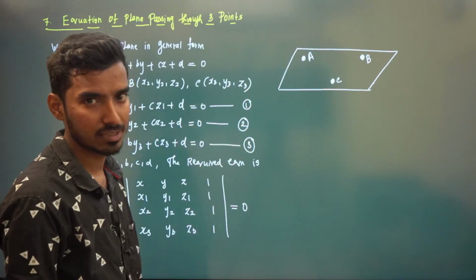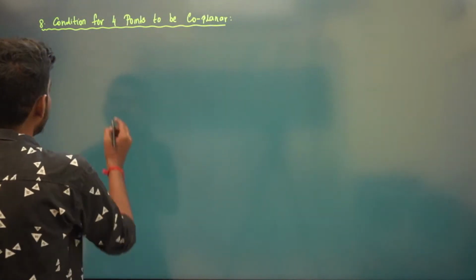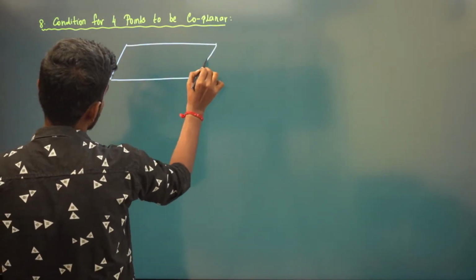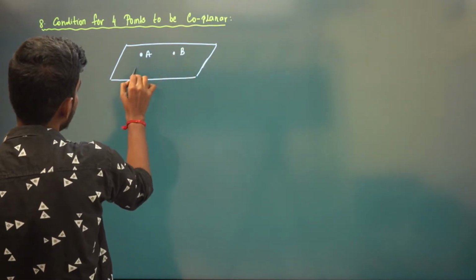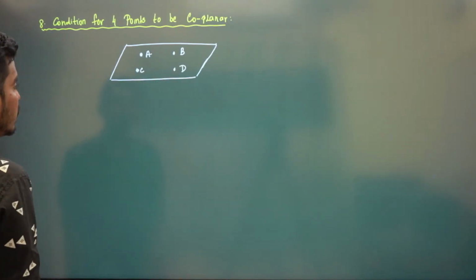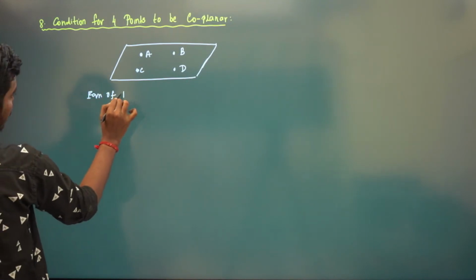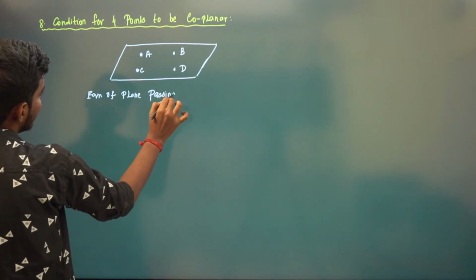Here you have 4 points, A, B, C, D, right? Now find the equation of plane passing through 3 points. You can take any 3 points.